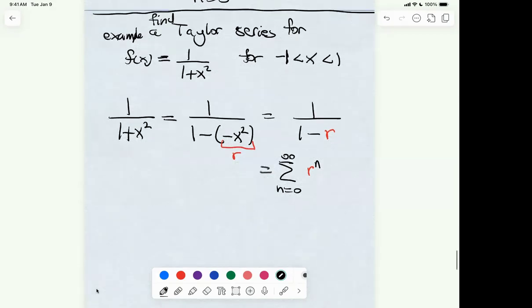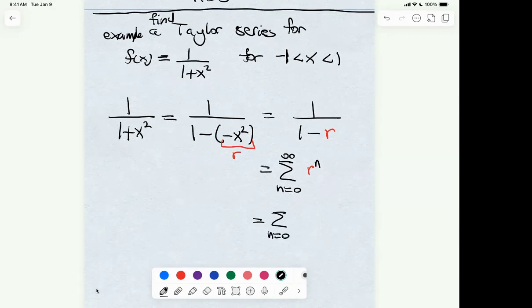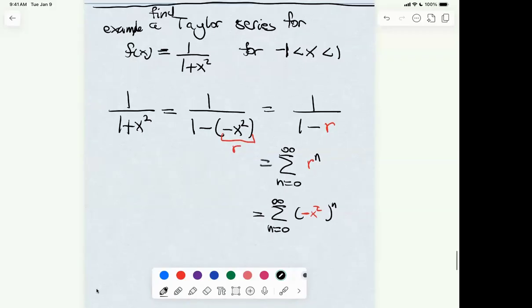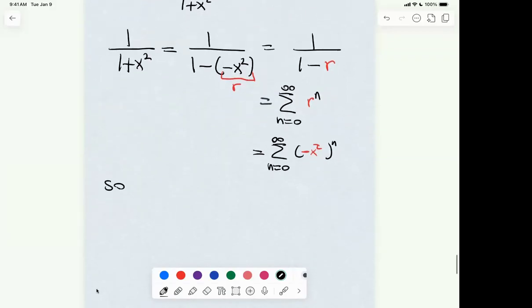So this would be, which you can write as, 1/1 plus x squared equals a series of -1 to the n times x to the 2n.